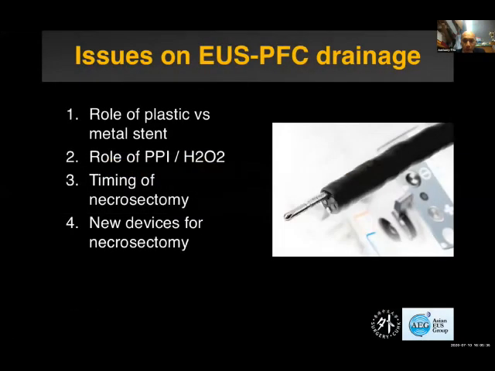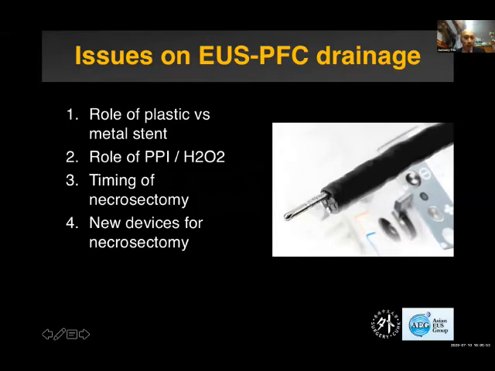So for PFC drainage, I think this has become standard in many centers, so I'm not going to go through too much of the background. There are a number of issues that still need to be resolved.